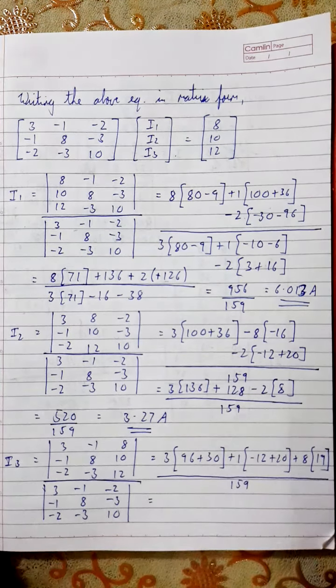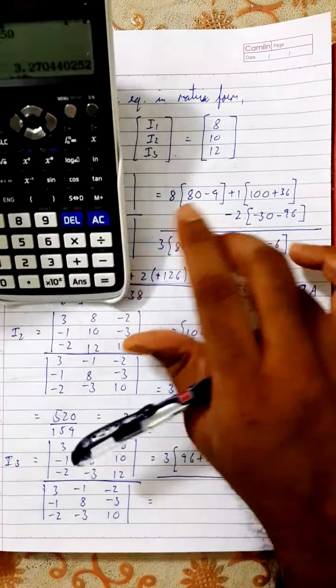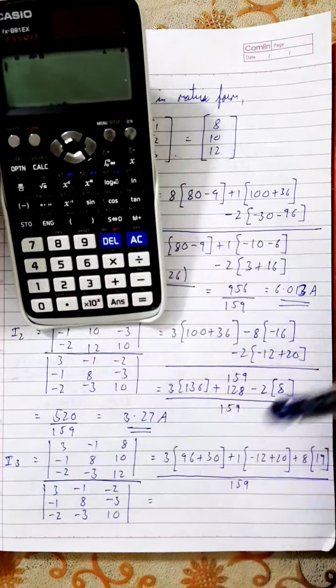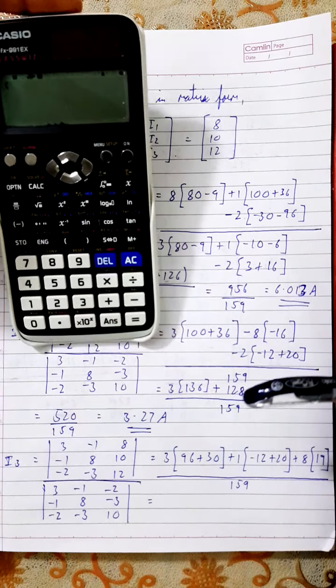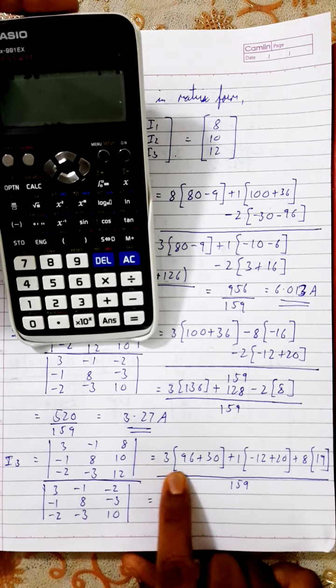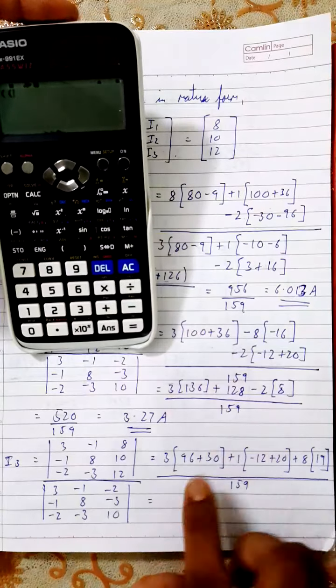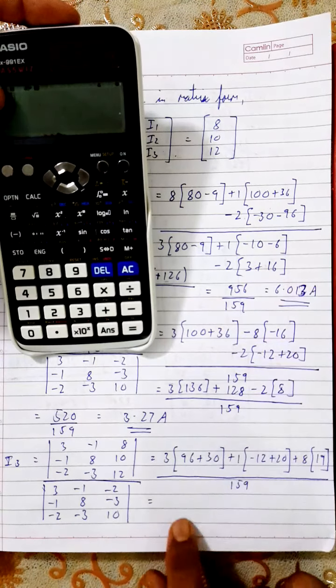All right, so what do we get over here? The numerator will be, let me find the whole answer itself, so in that case I can save that much space.